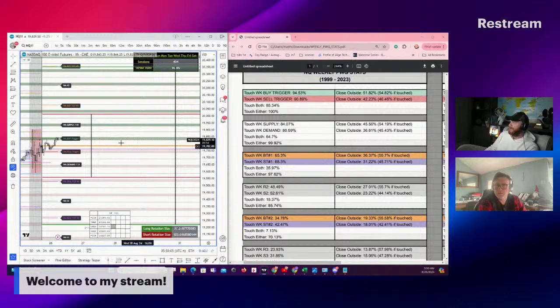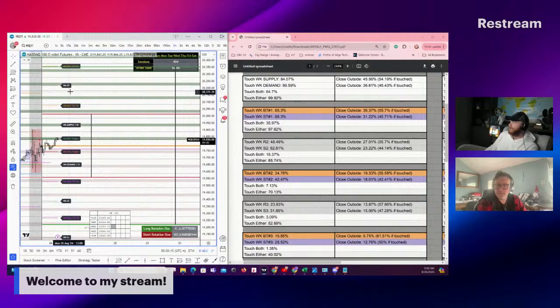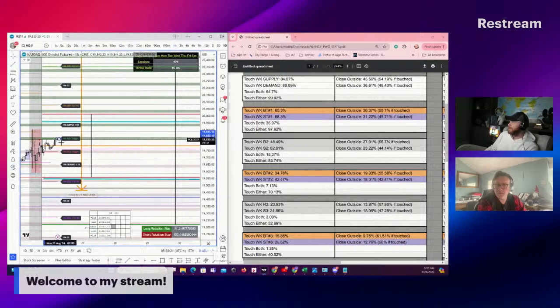Whichever side establishes the low or the high of the week, the other side can continue to go.